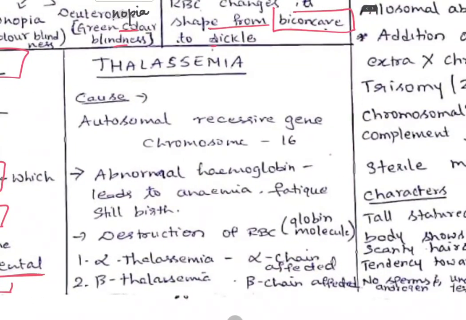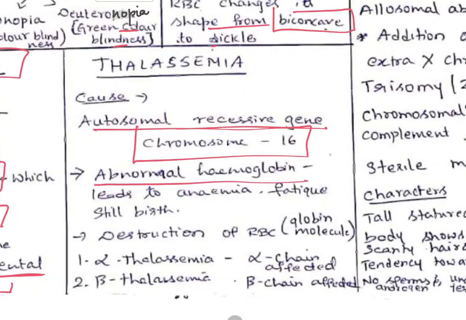Next is thalassemia, and it is caused due to autosomal recessive gene present on chromosome number 16. And here there will be production of abnormal hemoglobin, which leads to anemia, fatigue and stillbirth.